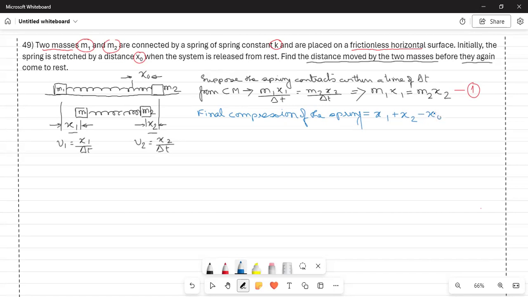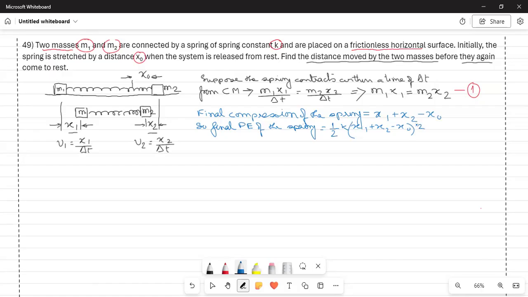So, in the final condition, the spring is compressed by x1 plus x2 minus x0. And so the final potential energy of the spring is equal to half k into x1 plus x2 minus x0 whole square.